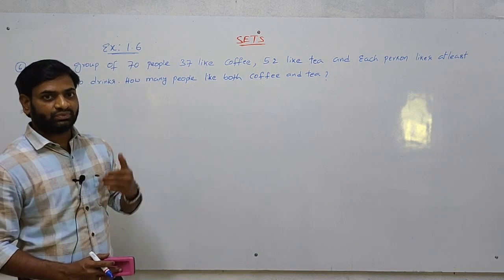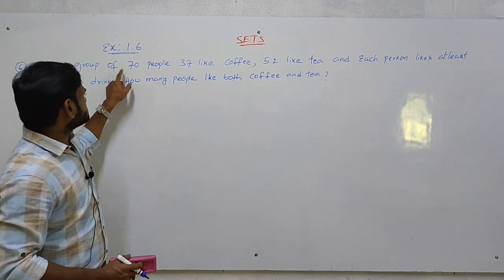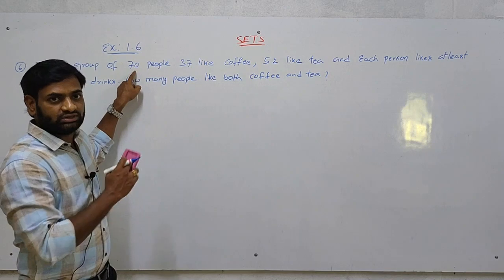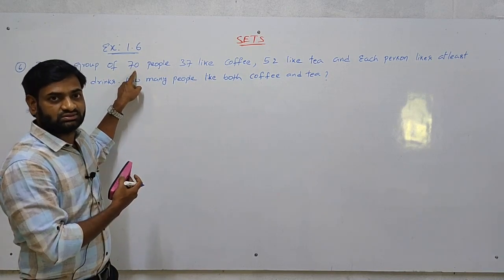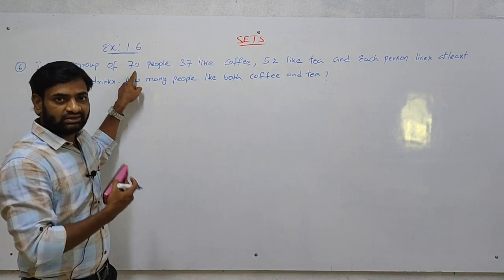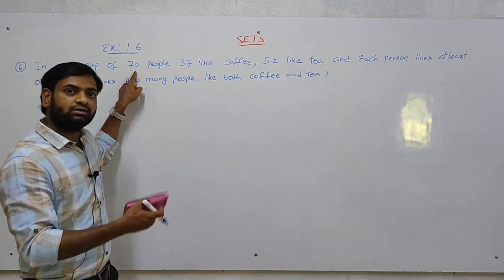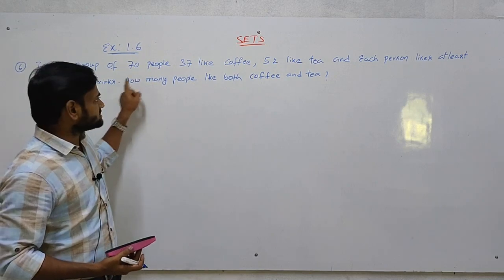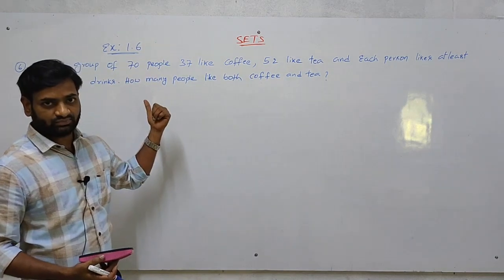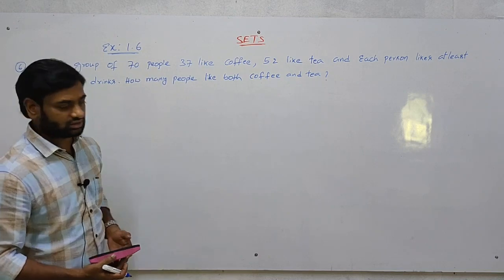"Or" means it is union. That is, this 70 is C union T. Either it means these 70 people like coffee or tea, anything, either this one or that one. That one is saying at least one drink, either tea or coffee.